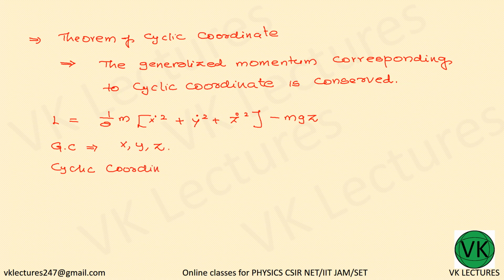Corresponding to x dot, there is no x in the Lagrangian. Corresponding to y dot, there is no y in the Lagrangian, and corresponding to z dot, there is z. So cyclic coordinates are the missing coordinates, so it is x and y which are missing. What are the conserved quantities? The conserved quantities are px and py.